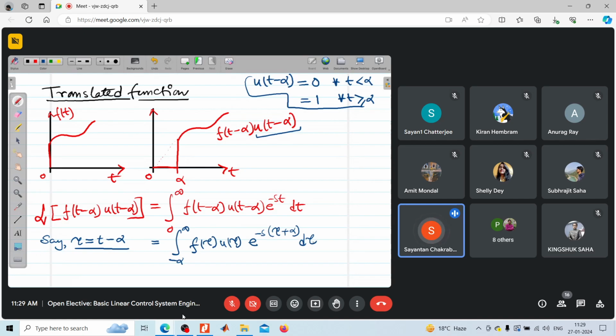d tau. Now see, we have already considered that for any time t, f(t) is 0 for all t less than 0. So here also that should be valid for all t. So this will be also valid for tau. So we have to ensure that f of tau u of tau is 0 for all tau less than 0, which follows from this assumption.